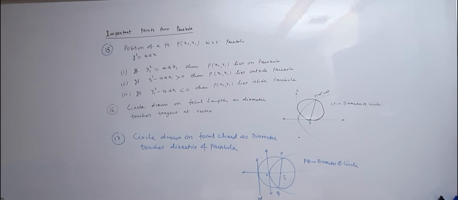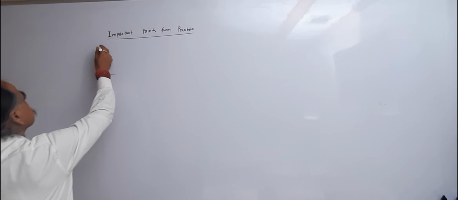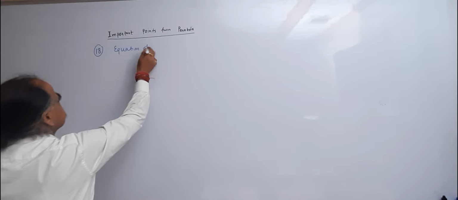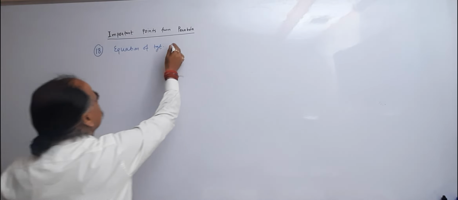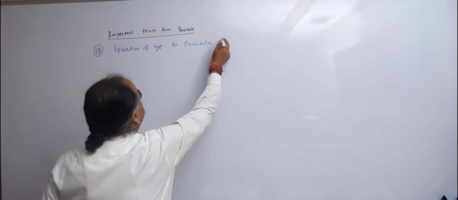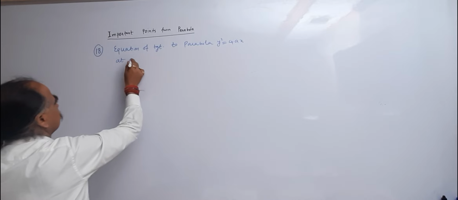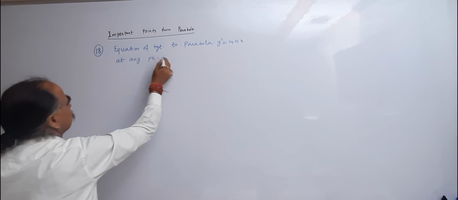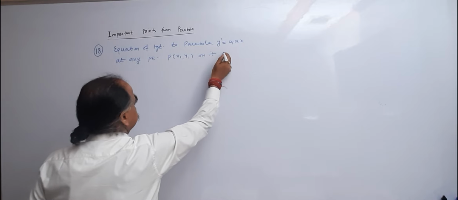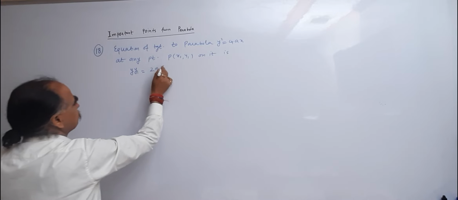Next point will be on tangent. So next point: the equation of tangent to the parabola y square is equal to 4ax at any point P(x1, y1) on it is y y1 is equal to 2a into bracket x plus x1.